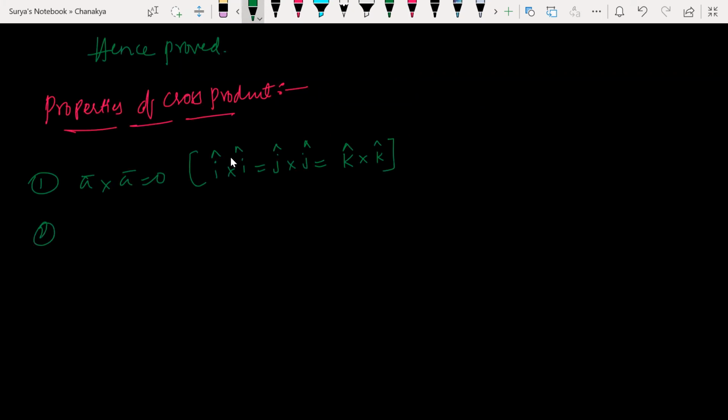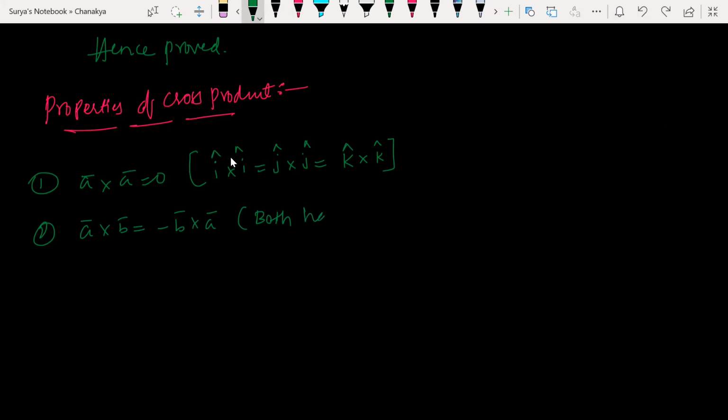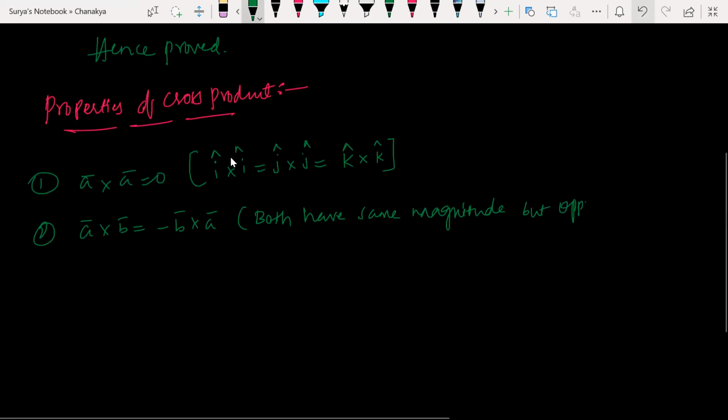Okay. Now second property. So what is the bracket right here? Both are having the same direction, same magnitude, but opposite direction. Okay.